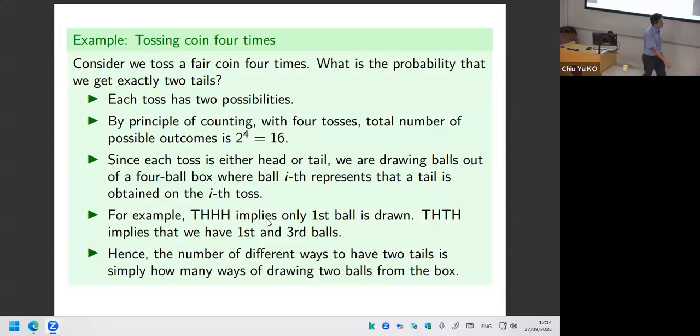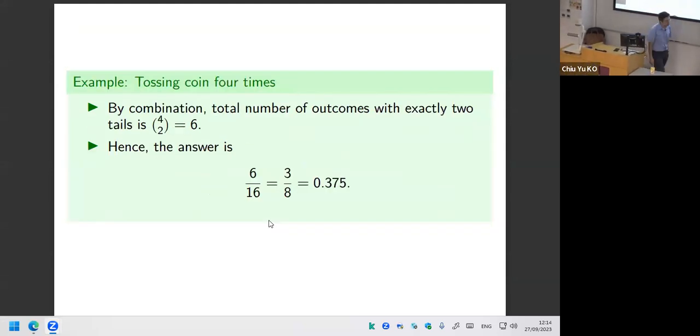So 4C2 is 6. So 6 over 16 is the probability. Of course, you can just write that down, but doing combination is much easier.